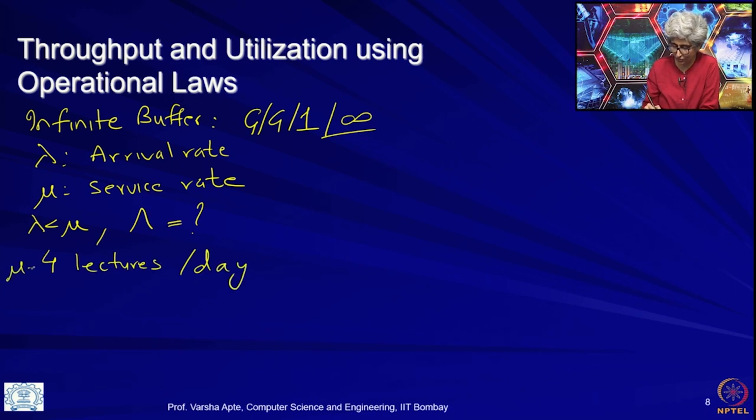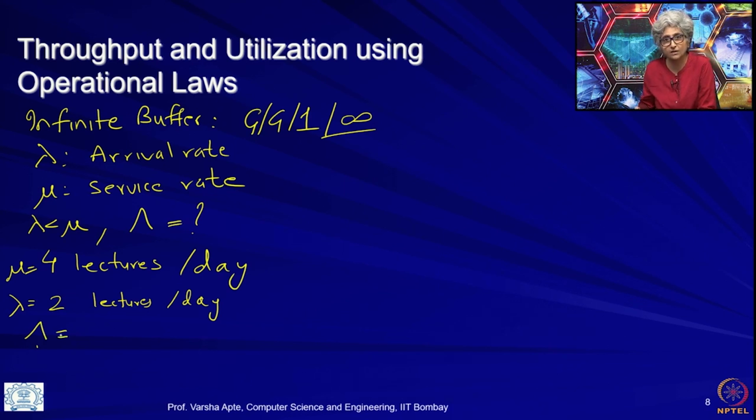So, this is like your mu, you can watch 4 lectures per day, but what is coming to you, you go to a website and see how many lectures are coming there per day, only 2 lectures are coming there per day. Okay. So, this is like the lambda. So, if you can watch 4 lectures per day, but only 2 lectures are coming per day, then what is the throughput you can do? How many lectures can you watch every day? Obviously, you can watch 2 lectures every day, right.